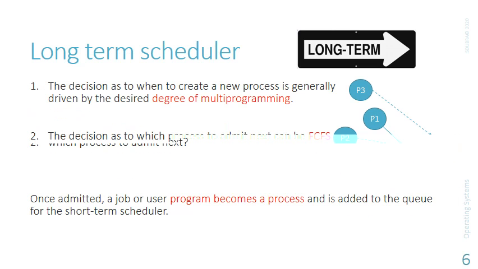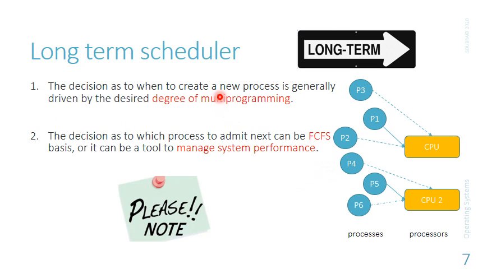Now the question is, well, if we have a bunch of programs that want to become processes, the more processes I admit, the more programs become processes, that would definitely affect the overall system. Let's take a second and think about it.